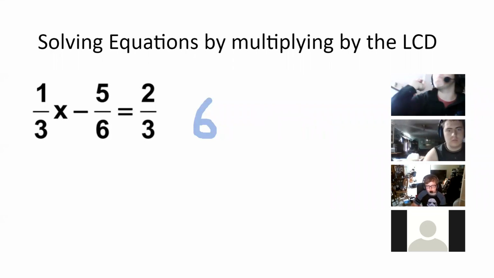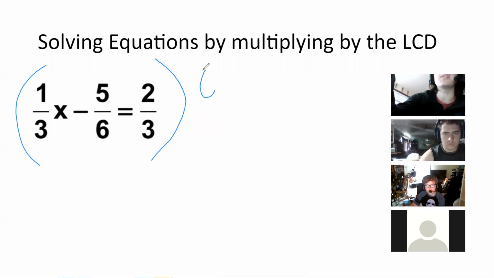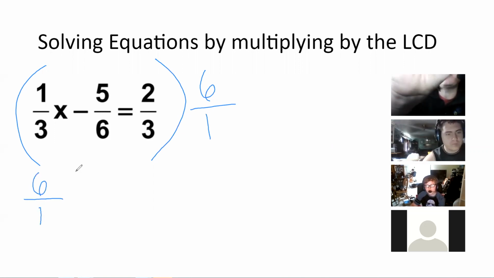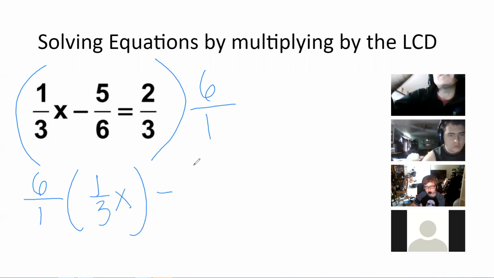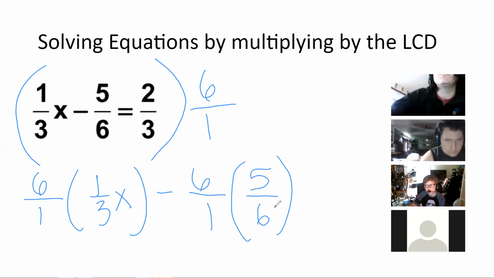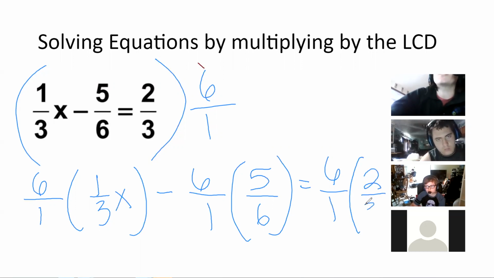If I multiply the whole equation by that common denominator, I can get rid of the fractions completely. It's pretty cool. So if I multiply everything in there by 6/1, so I go 6/1 times 1/3 x minus 6/1 times 5/6 equals 6/1. So if I multiply everything in there by a common denominator, it's going to get rid of those fractions for me.